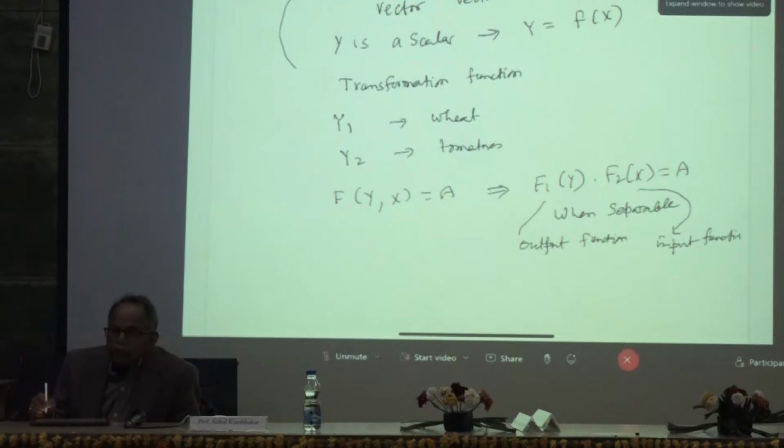If this is the case, it will be clear that if your y is a scalar, then you can just write this as y equal to f2(x) times a or something like that.